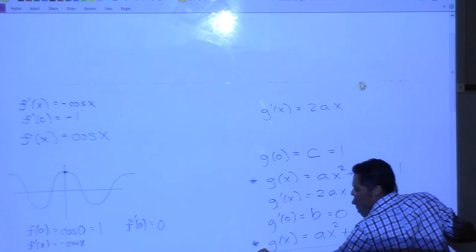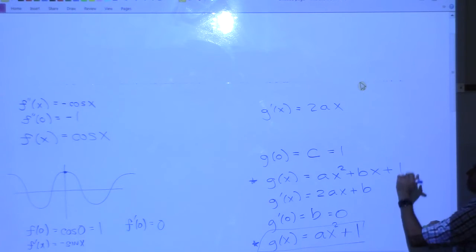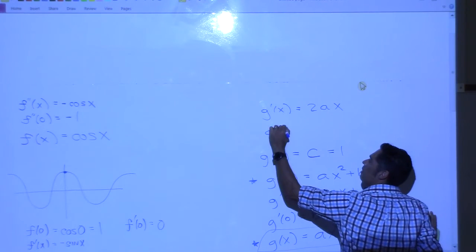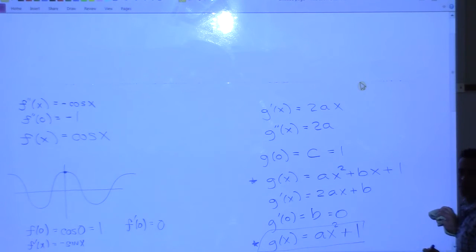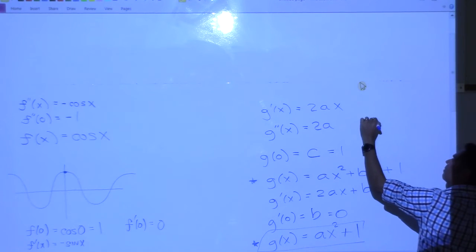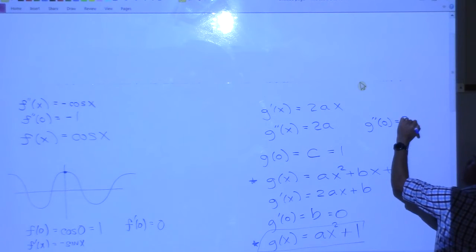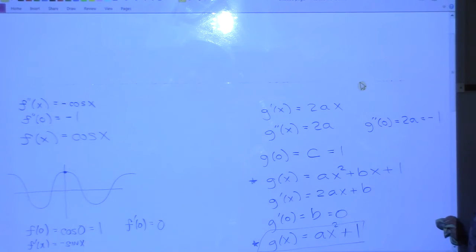So I'm working with this right now, taking the first derivative, I've got that. Now the second derivative is just 2a, and what do I want that to be? At 0, I want 2a to be equal to negative 1, right? Which means if I solve this right here, a has to be what? Negative a half.